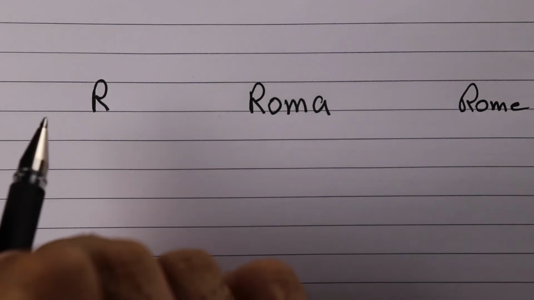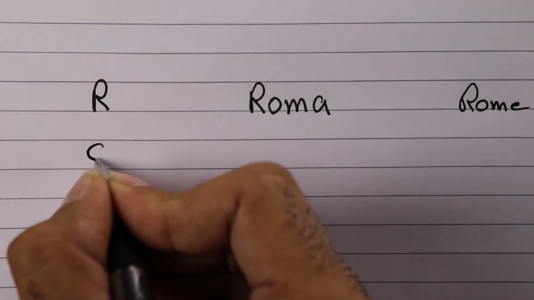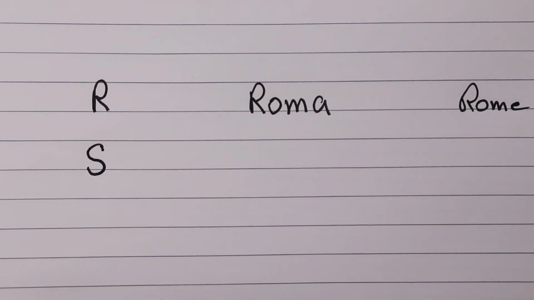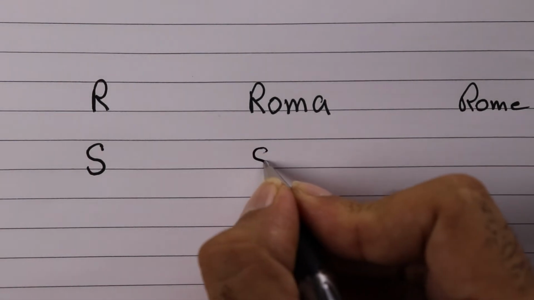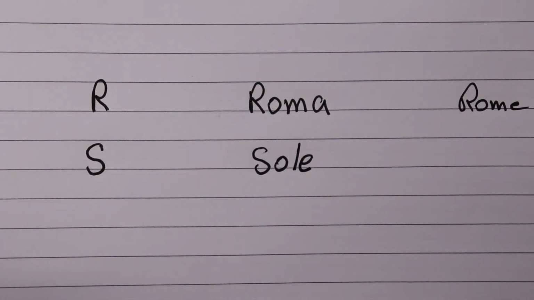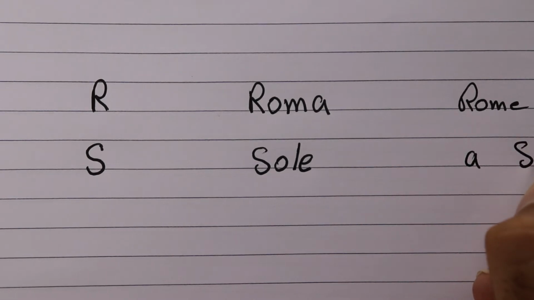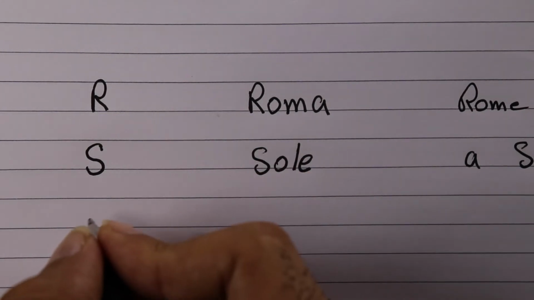Roma, R, Roma. And this one, do you remember how to pronounce it? S, like sole, a sun. Sole. And next one is T, like tutto, everything.